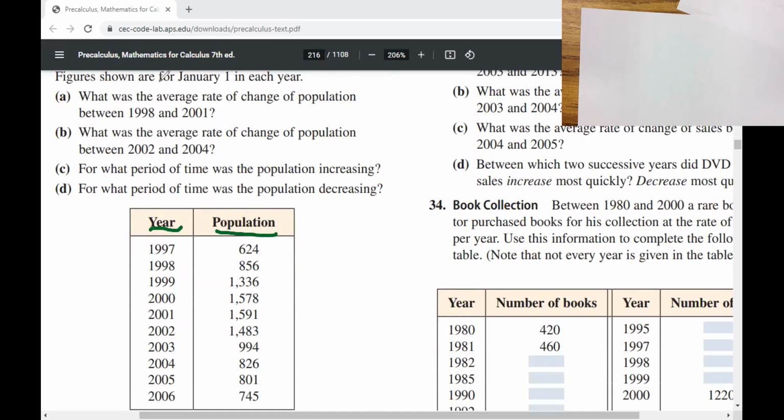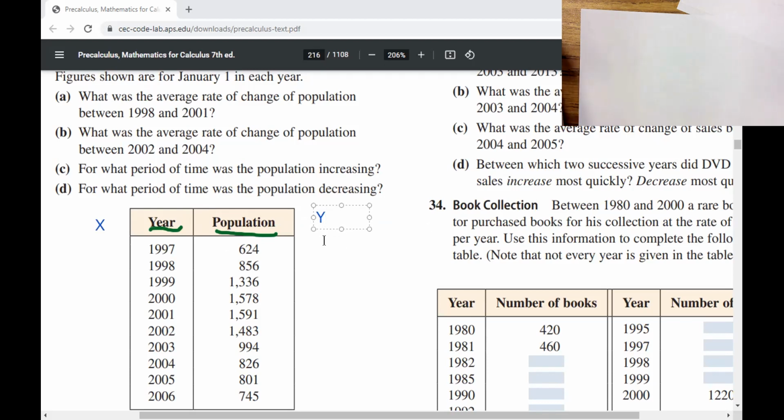What I'm gonna do is label the years as my X value, and label the population as my Y value. So we're essentially doing the same thing, but just in word problem form, okay? So if you think about it like that, years is X and population is Y.